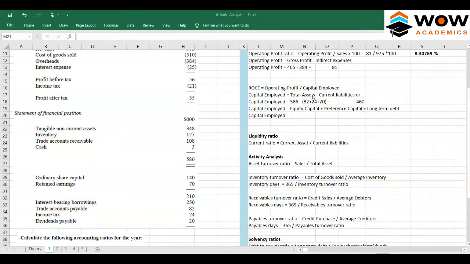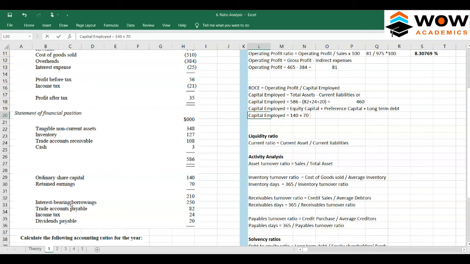The other way to find out is here. Equity capital is 140. Equity capital always refers to equity capital plus the reserves also. If we have any preference shares, we can add that, or we can add the long-term debt.